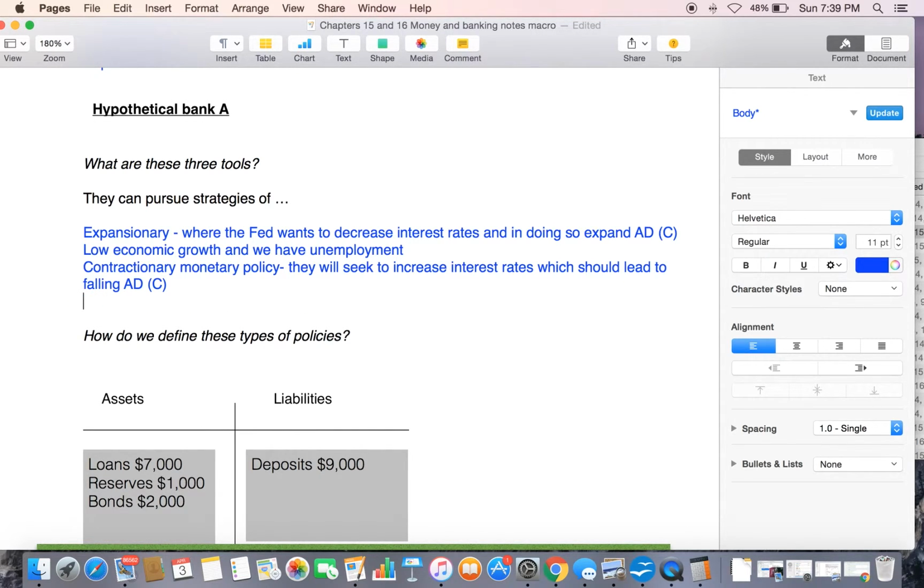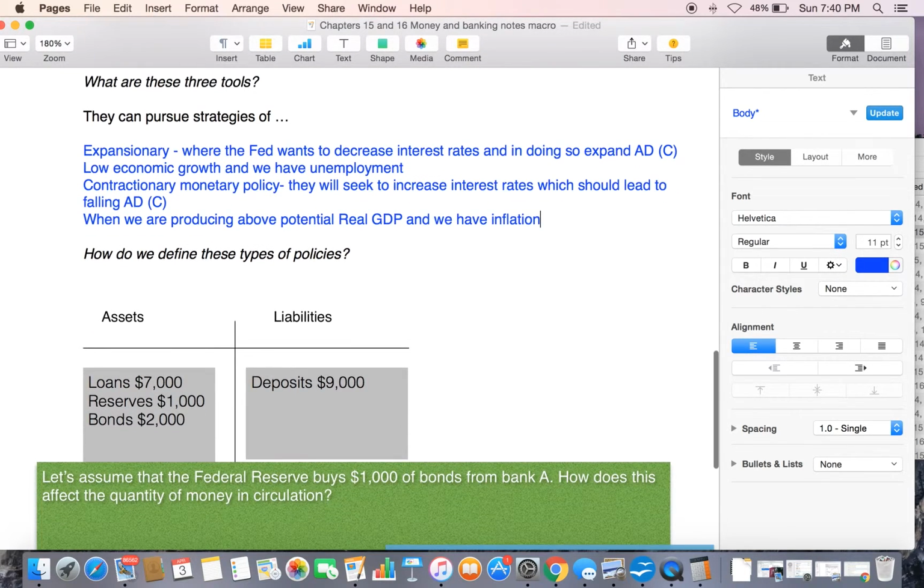And the Fed will pursue contractionary monetary policy when we are above potential real GDP and we have inflation. So the primary concern would be inflation, which would trigger contractionary monetary policy.